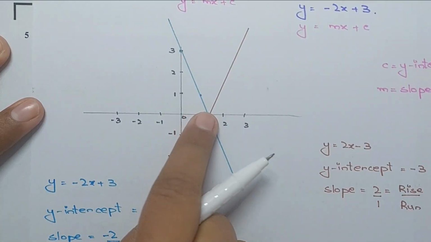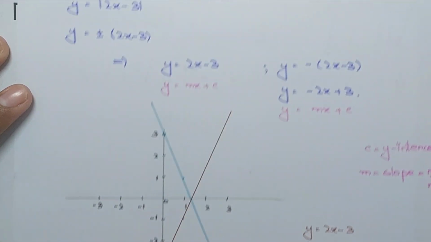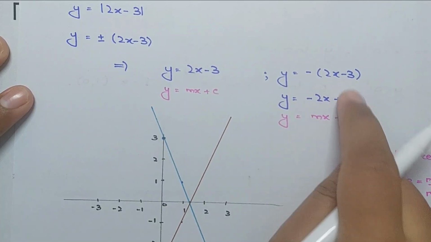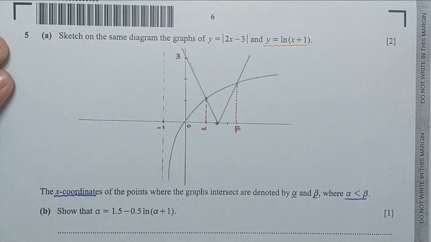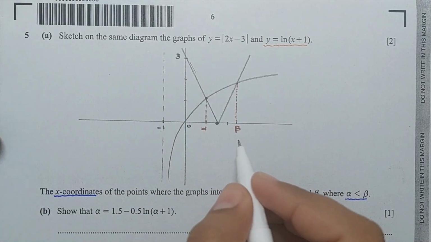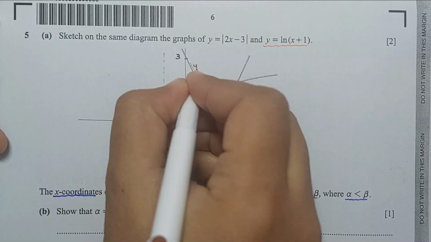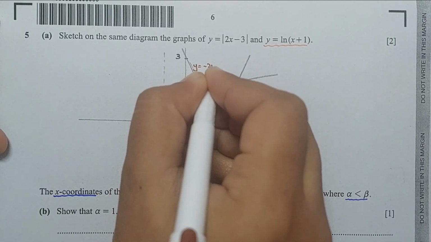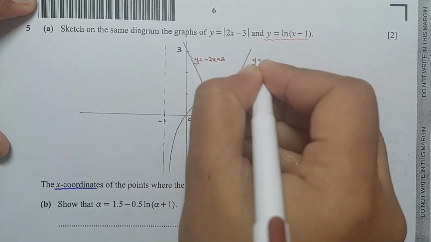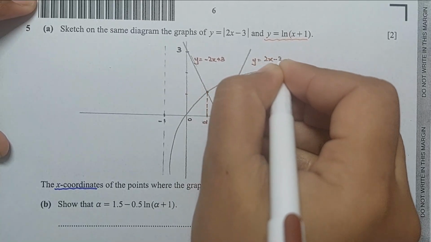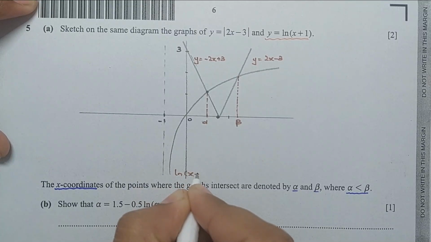For the blue one, we have used the equation y equals minus 2x minus 3. For alpha, we have to use this equation: y equals minus 2x plus 3. And the other equation is y equals 2x minus 3. And this log equation is given, ln of x plus 1.